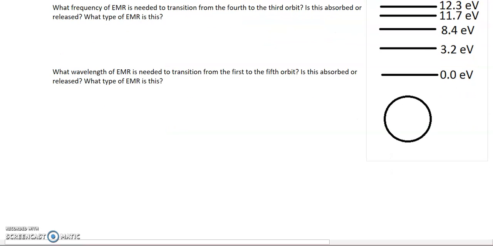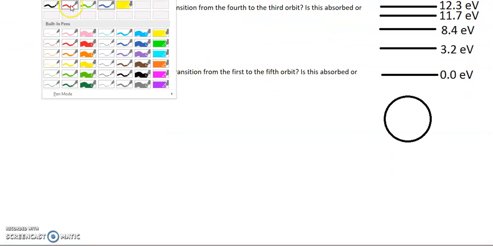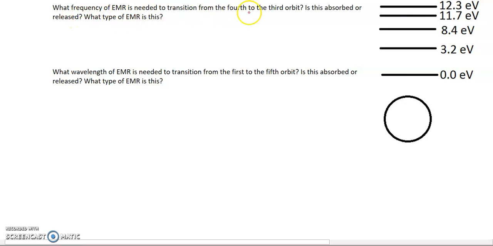Taking a look at a couple more examples here, just two more. We're going from the fourth to the third, coming from here. So the difference means that we've got 3.3 electron volts.